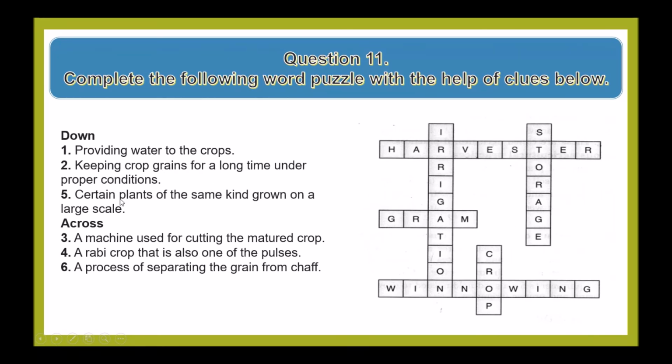Certain plants of the same kind grown on a large scale: crop. A machine used for cutting the matured crop: harvester. A rabi crop that is also one of the pulses: gram. A process of separating grain from chaff: winnowing.